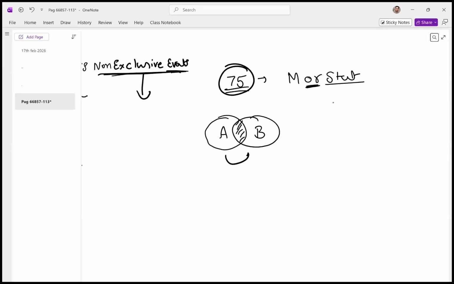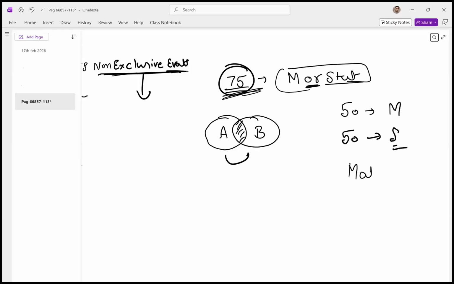Now I'm going to say 50 students are enrolled in math and 50 students are enrolled in stat, but the total number of students who are studying math or stat is 75. Okay, I wanted to find out how many students are studying math and stat.